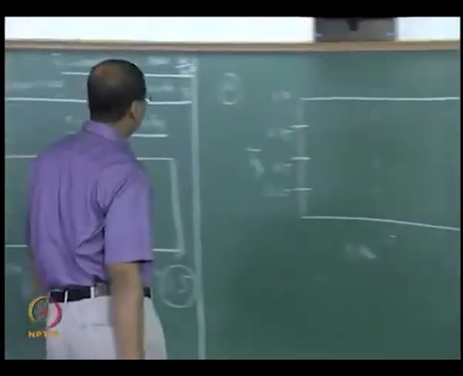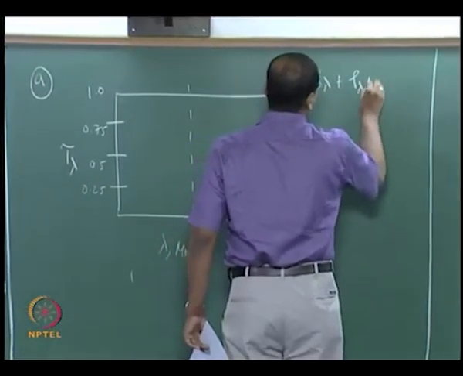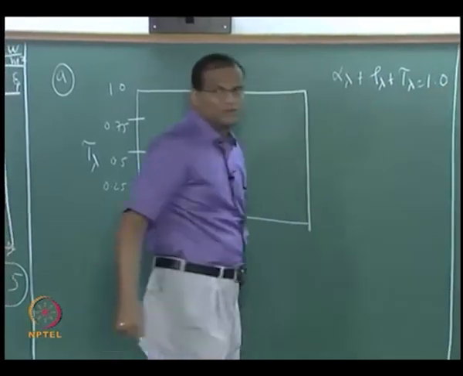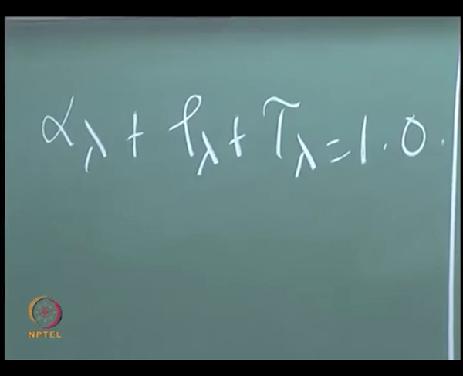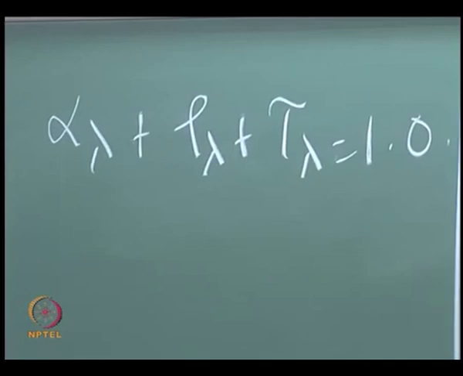The basic equation we use comes from energy balance. This is with regard to the incident radiation. Do not worry about the emission, do not get confused. Emission is a separate story. Tau lambda.